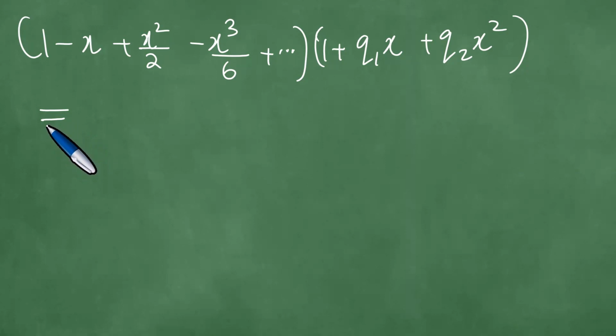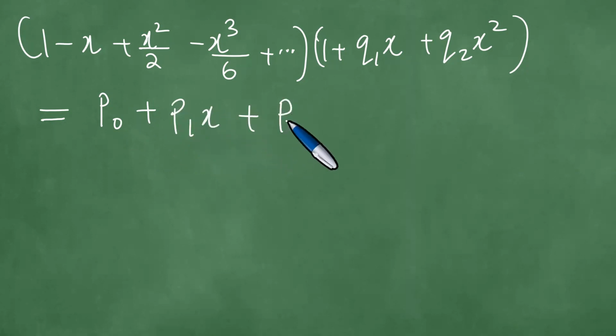Now, a couple of things I want us to analyze here is we look at these, and we think of these very carefully. We equate this to P0 plus P1 plus P2 plus P3, like this.